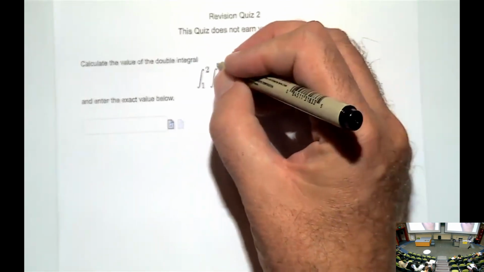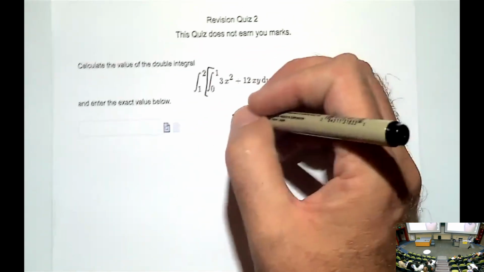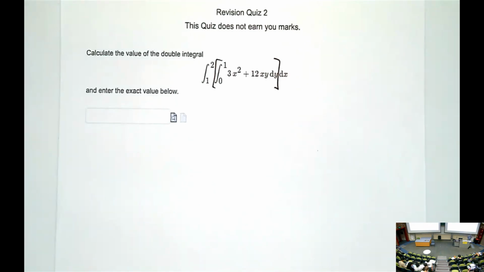So if I was doing this one, I could do something like that and just do the integration. Now the next one's going to be harder. All right, I'm going somewhere with this, don't worry. So I'm integrating with respect to y on the first one.